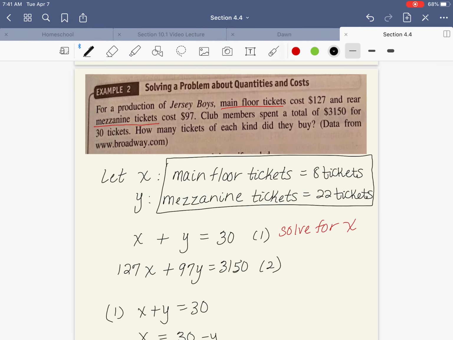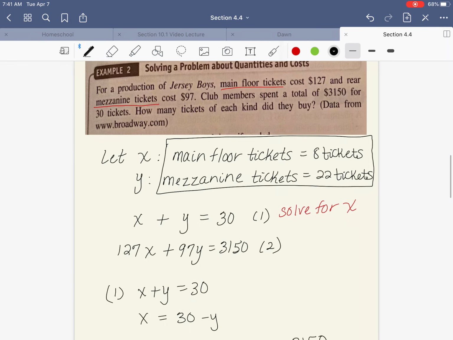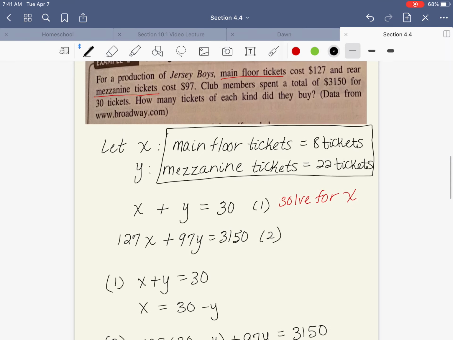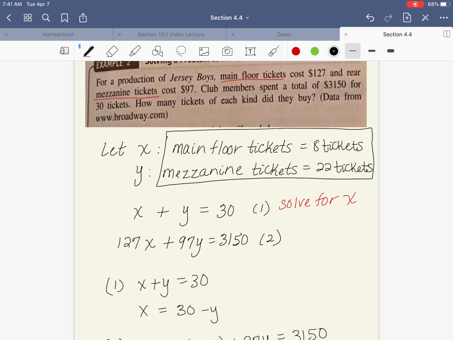So 8 plus 22 is 30. And then if I buy 8 tickets at $127, I'm just using my calculator, 127 times 8. And then I buy 22 tickets at $97, so plus 22 times 97, that is a total of $3,150. So we know we did it correctly.